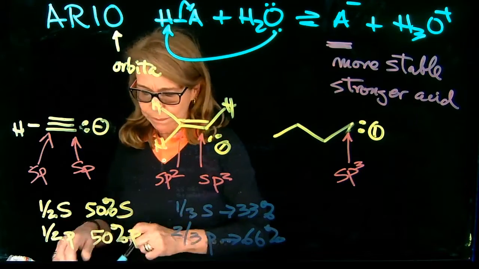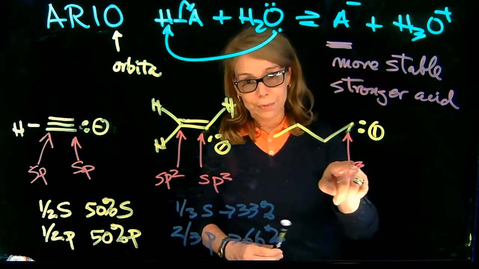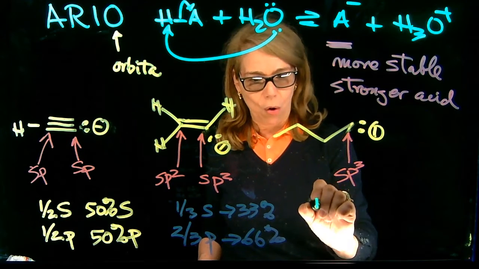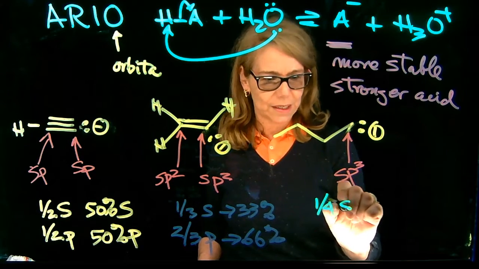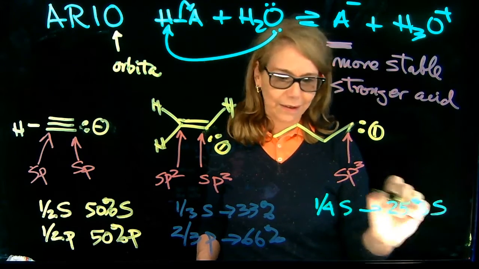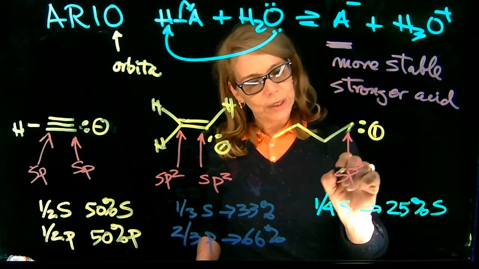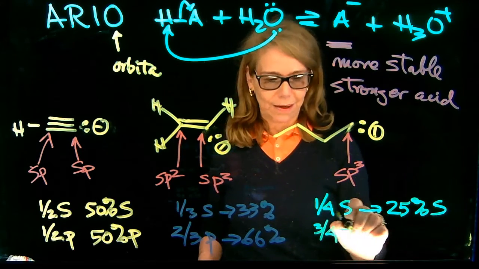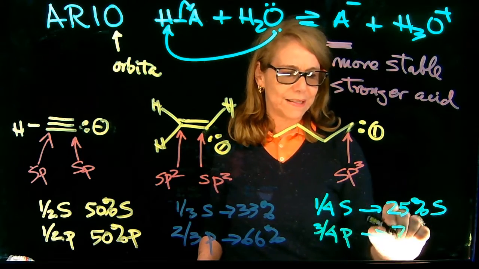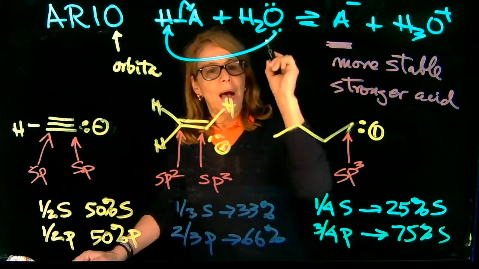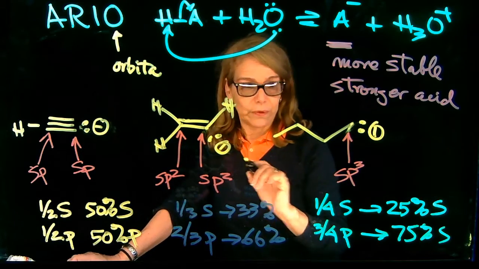And when I do the hybrid orbitals here, I am mixing 1 s and 3 p's. That is 1 out of 4 is an s. That's 25% s character. And 3 out of 4 is p, out of 4 orbitals. So that's 75% p character.